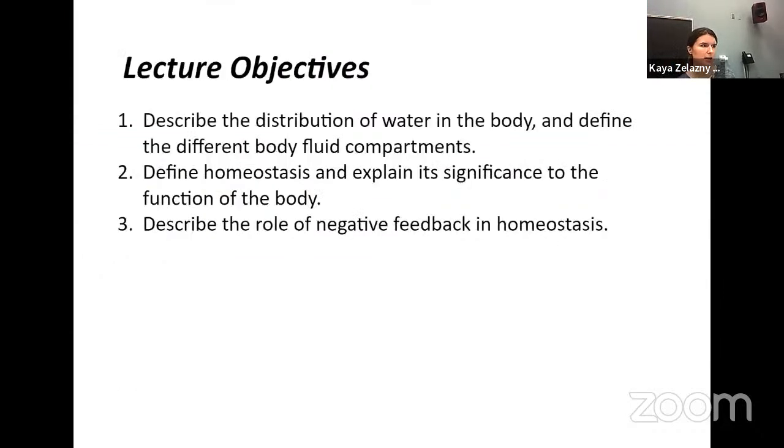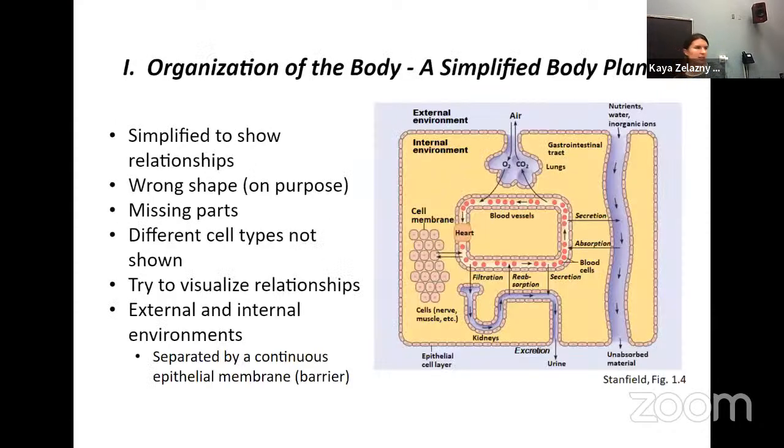But before we get to that, we're going to think a little bit about how we can diagram out a body. Now, as an anatomist, this diagram gives me hives, to be honest, but we are going to take a look at it and make sure you understand, because figures in your book are super important. They can summarize a lot of information at once.